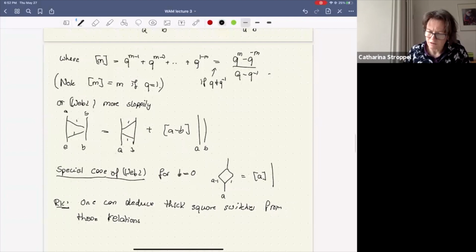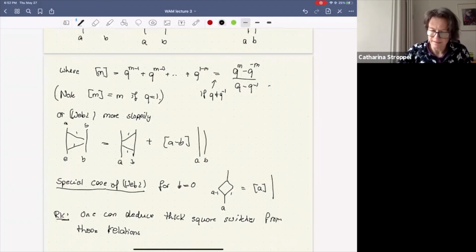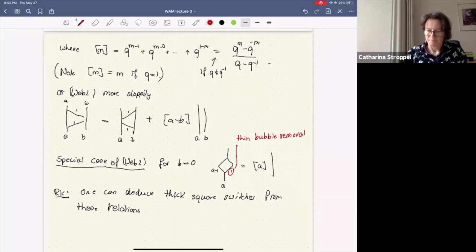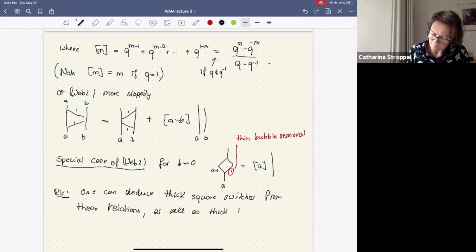And also, this guy actually has a very nice name. This is the bubble removal, because you remove a bubble, and I want to call it the thin bubble removal, because again, this is thin. I have a 1 here. And then you can also have thick bubble removals.